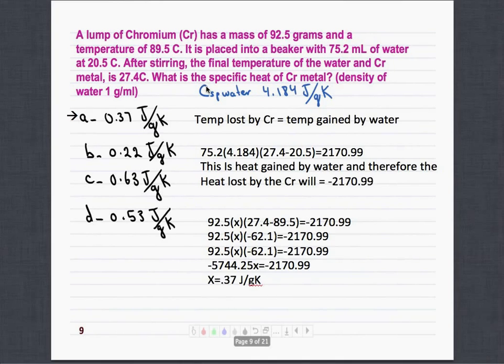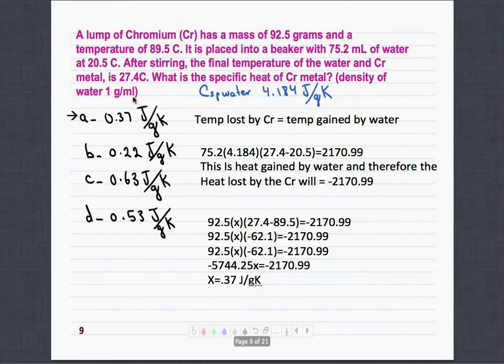So we don't have grams, we have milliliters of water, at T initial equal 20.5 Celsius. After stirring, T final for both equals 27.4 degrees. What is the specific heat capacity of chromium, knowing that the density of water is 1 gram per milliliter?